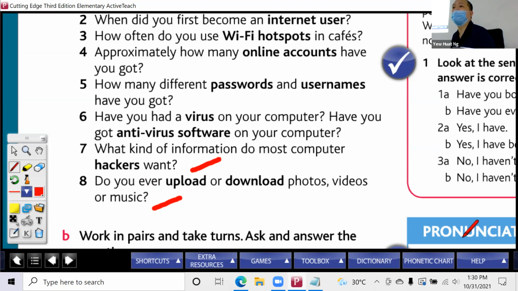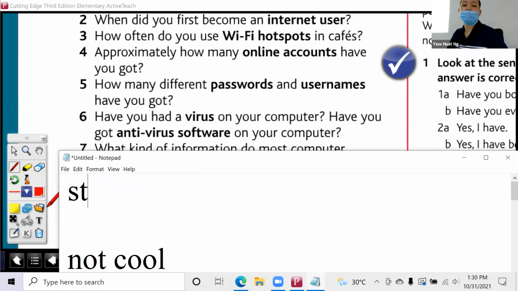I used to download, but now I don't. Now I just stream. I mean, it's downloading, but after that, it's gone, right? So we call it streaming. You know, stream. You know?